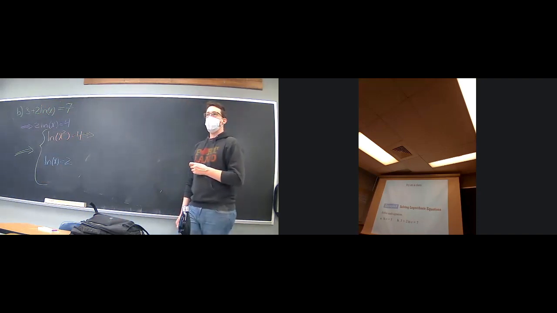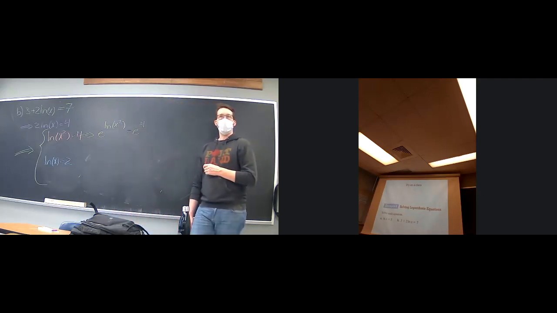Now, raising e to both sides, and we get e to the ln of x squared is equal to e raised to the 4th, right?